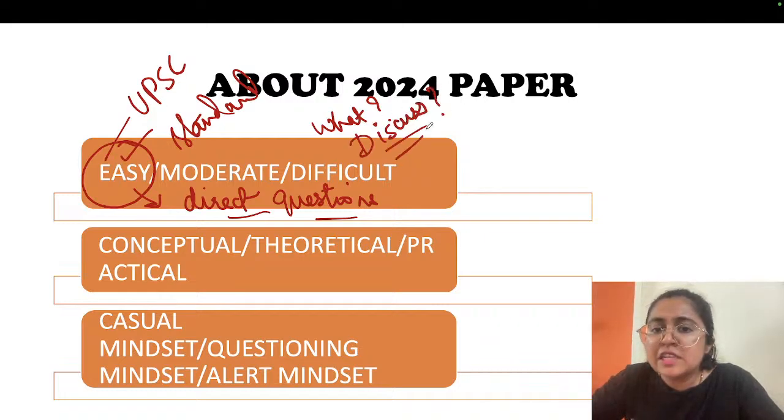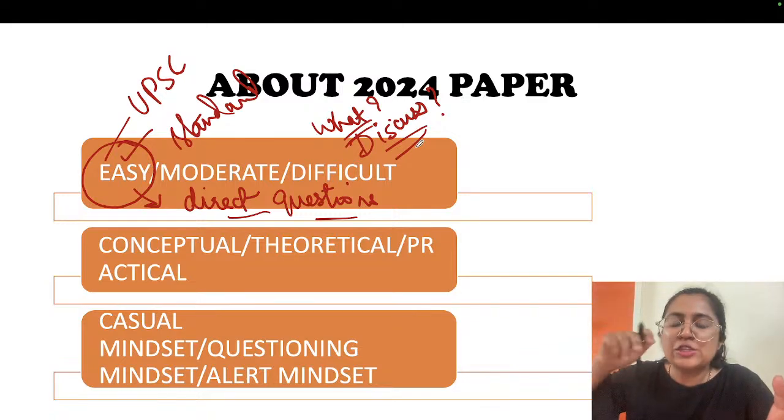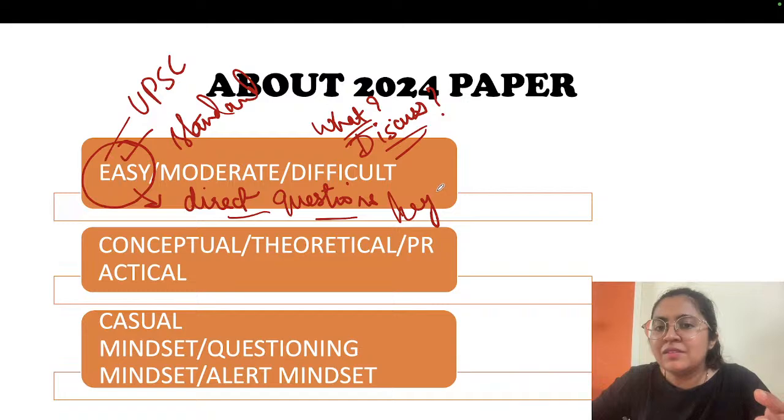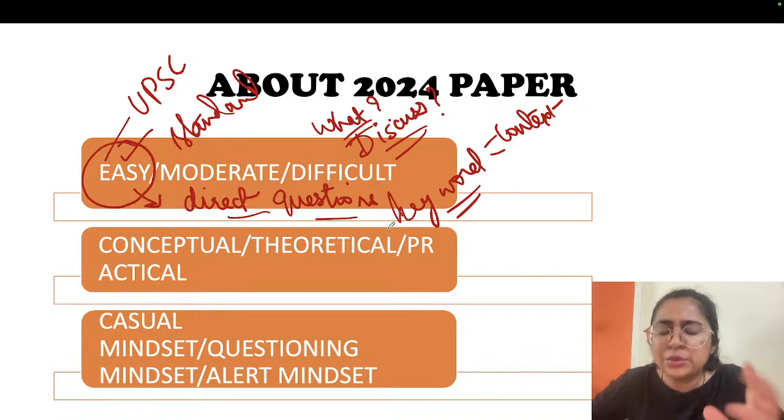Firstly you need to understand these terms, these are very important. But of course the UPSC paper is unpredictable, so sometimes you will get a direct question, sometimes you will get a difficult question where the keyword is directly given, but you don't know the context of that question. So around all of these things we are going to talk today.